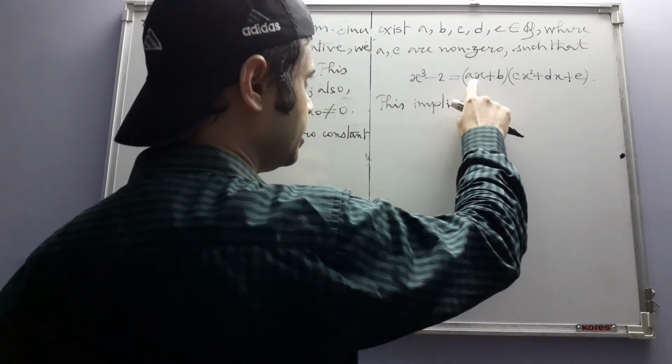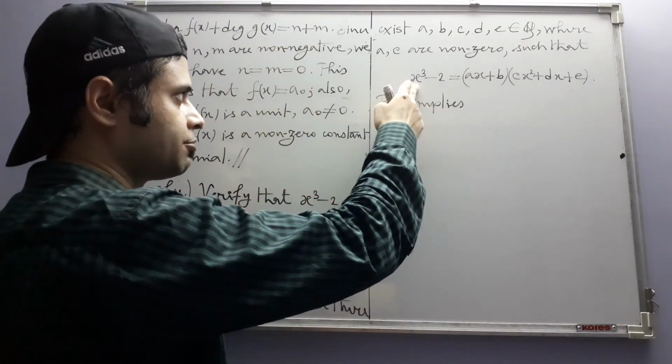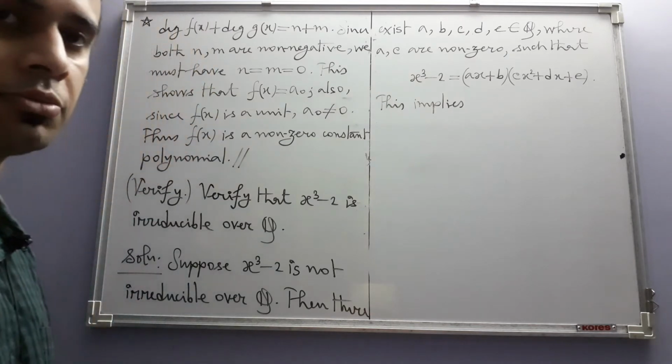AC is the coefficient of x cube. Here the coefficient of x cube is 1, so AC must be equal to 1.